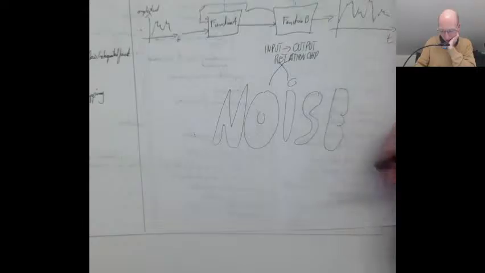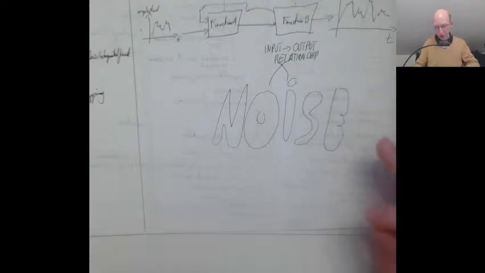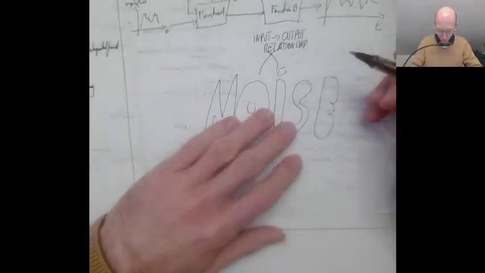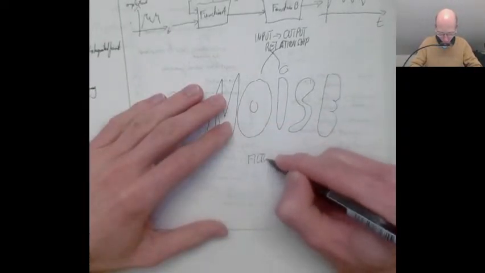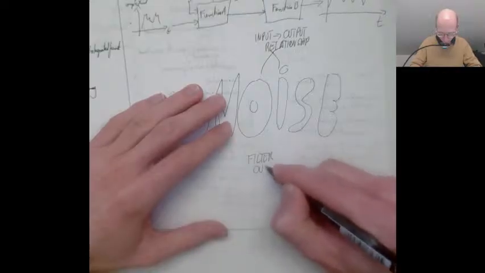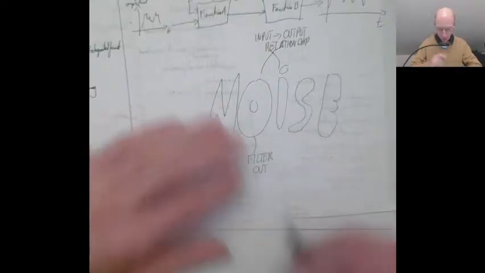Random, I don't have an R. What about relationship? Messy. What else can I say about noise? You can filter out. Okay, I can say filter out noise.